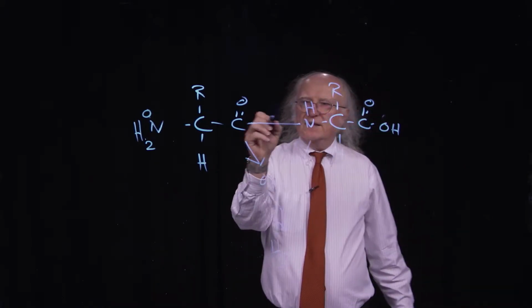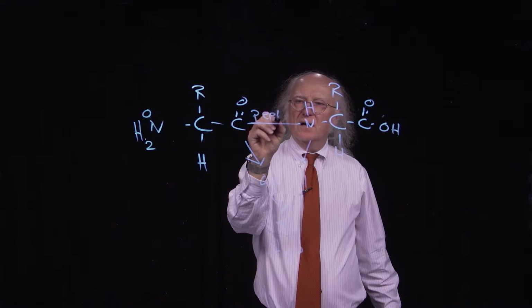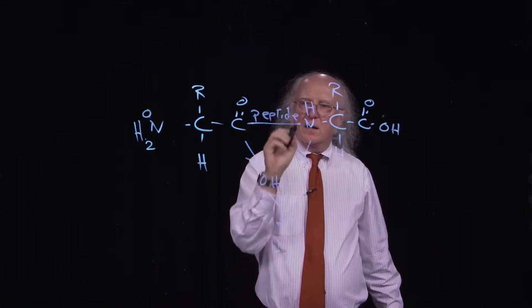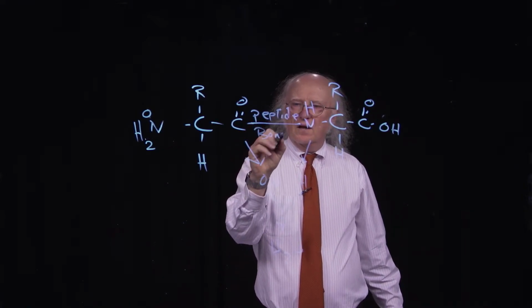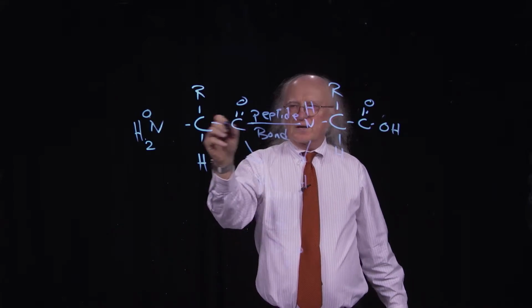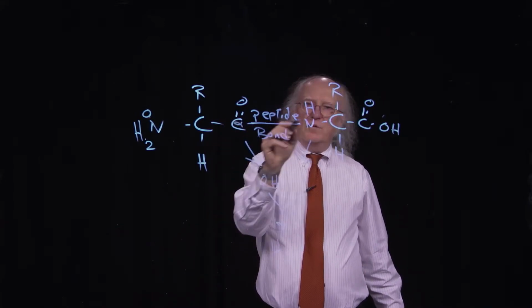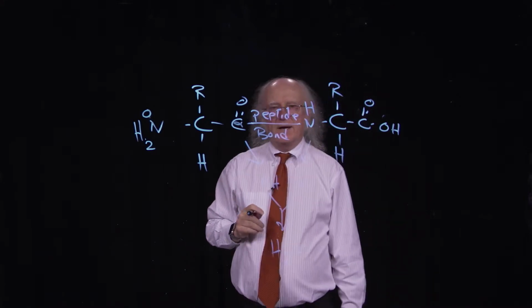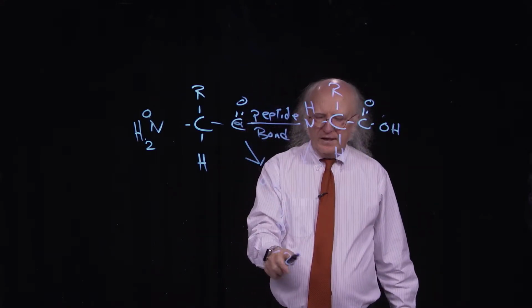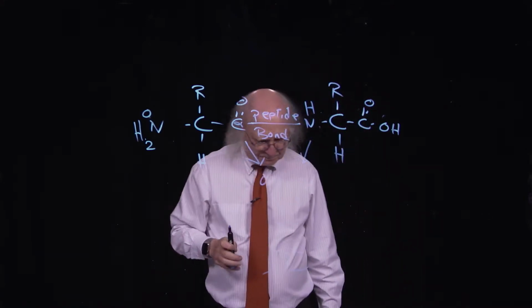So we've made, at this point, a peptide bond that has joined the alpha carboxyl of one amino acid with the alpha amine of another amino acid, splitting out water in the process, as we can see here.